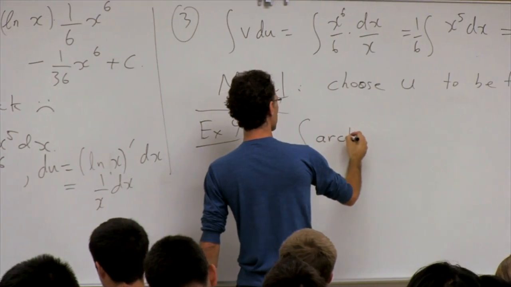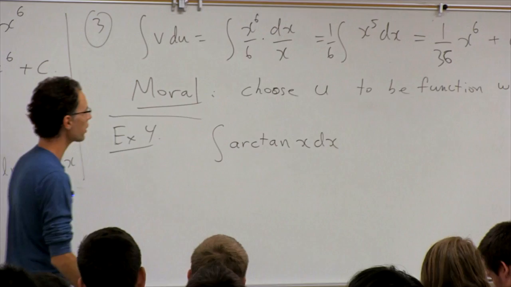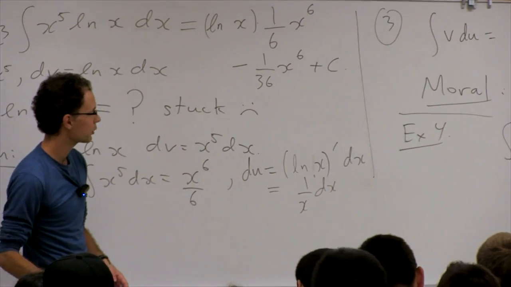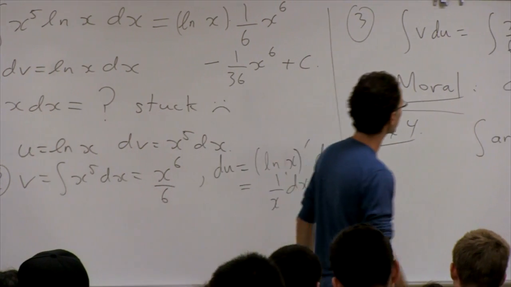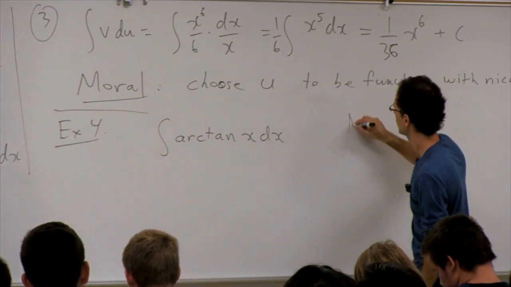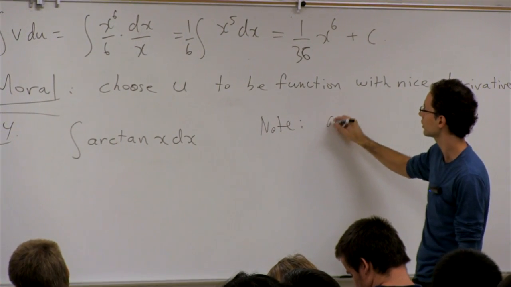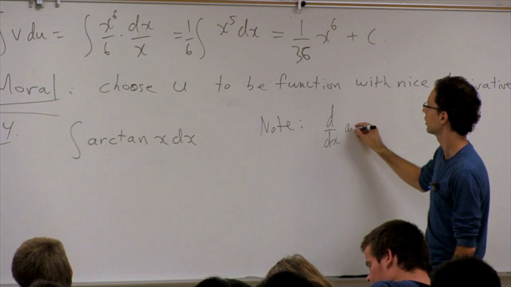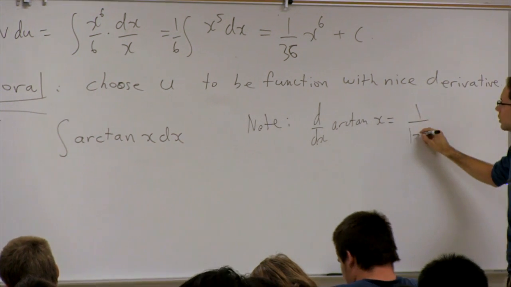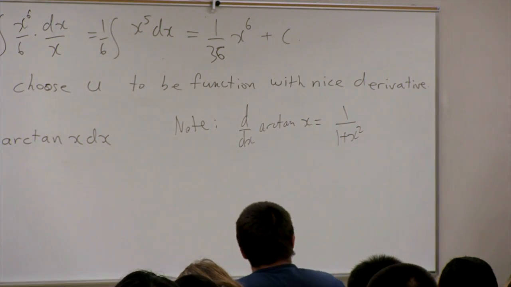OK, so we have the following. I want to illustrate this moral here with the integral of arctan x dx. And this is exactly the type of situation where this moral applies. Just write this as a note: the derivative of arctan x is 1 over 1 plus x squared, which is quite a nice derivative.